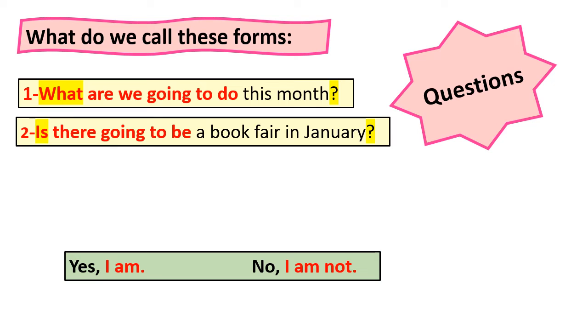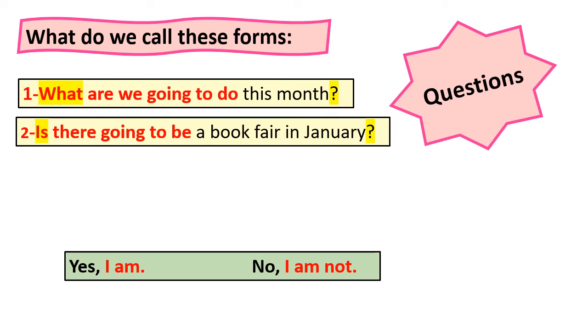Yes, I did. Or no, I didn't. Or WH question: what are you going to do this month? I'm going to play tennis. I'm going to visit the mall. I'm going to have so and so. So this is a question, and it's two kinds: WH question and yes/no question.